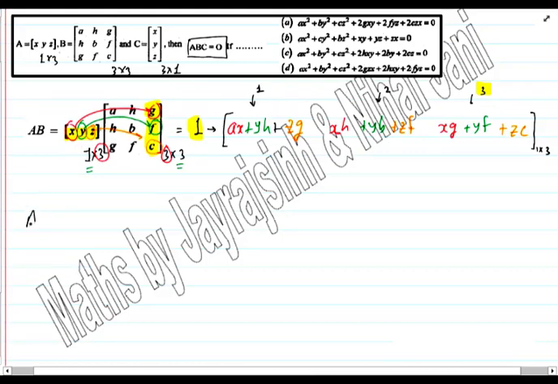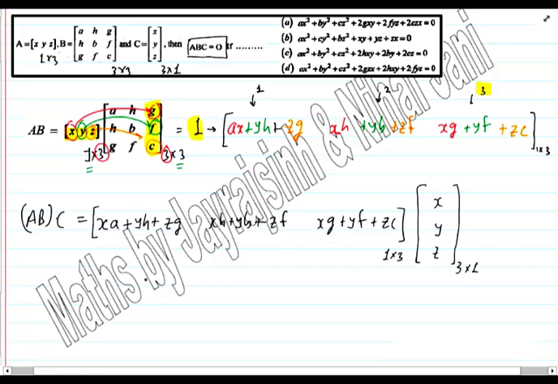Now this A into B should be multiplied with C, and they satisfy the condition of multiplication, and the answer will be of order 1 cross 1. So we will get only one element. So let's multiply our row with the corresponding column elements.